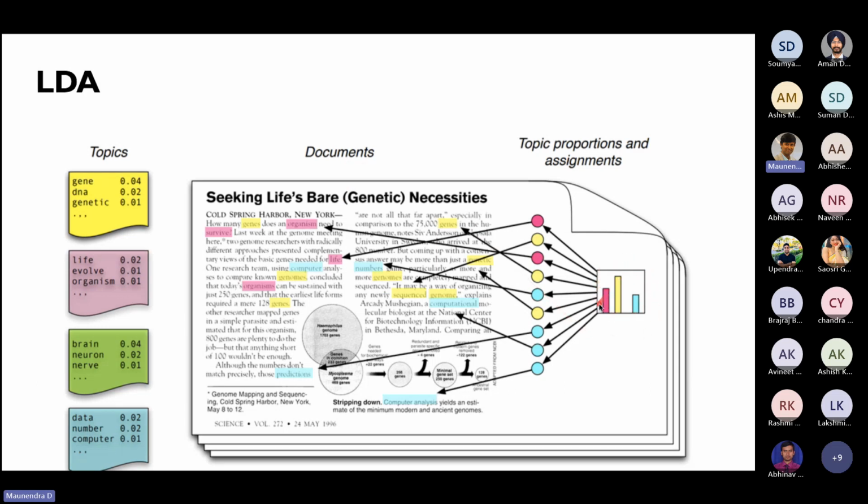There are many topics, out of which these 3 topics are more contained in this document, and for each topic there is a word distribution. If I'm trying to create a document about sports, then some words will be more probable and some words will be less probable. Similarly, for each topic there is a probability distribution over the words in the vocabulary. This is called the word topic vector, and this is typically called the document topic vector.